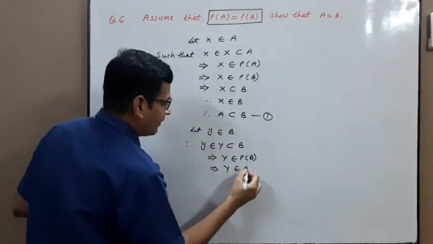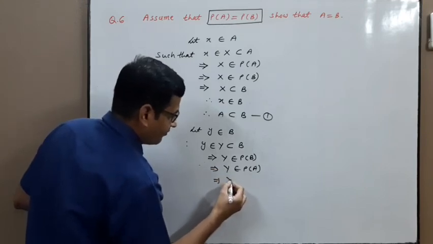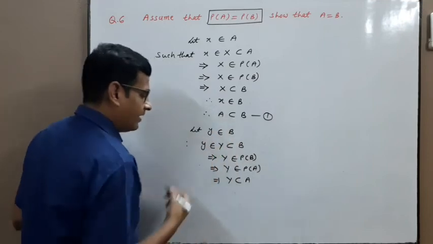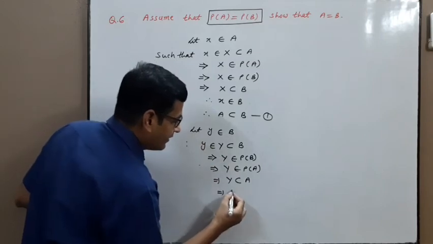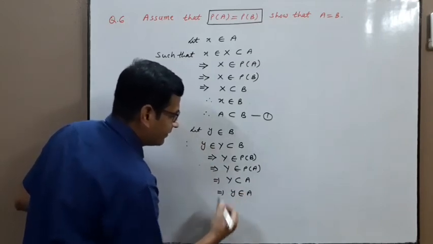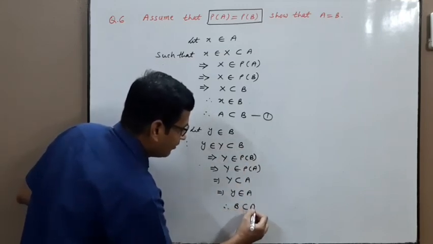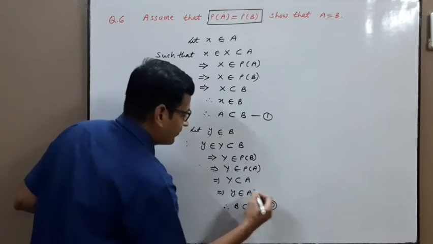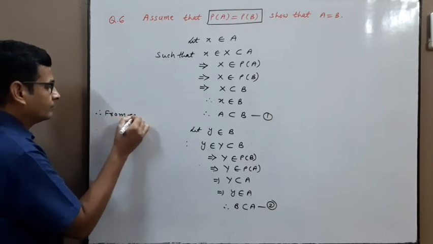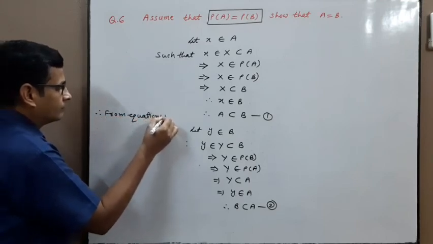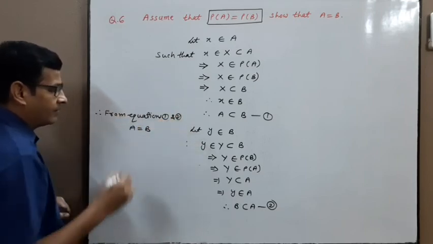So Y belongs to power set A. So Y is a subset of A. Y is a subset of A and small y belongs to capital Y. It means y also belongs to A. y belongs to B, y belongs to A. Therefore, B is a subset of A. Give equation number 2. Therefore, from equations 1 and 2, A is equal to B. Hence true.